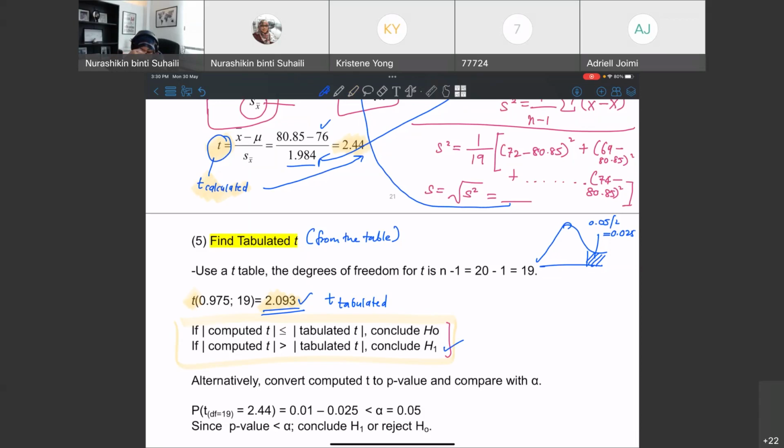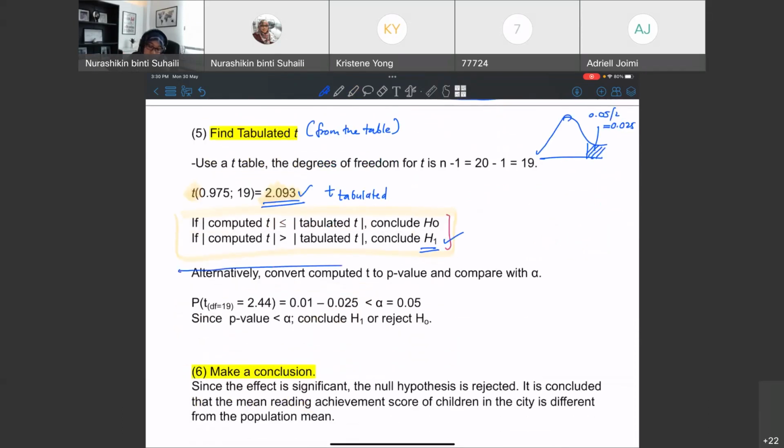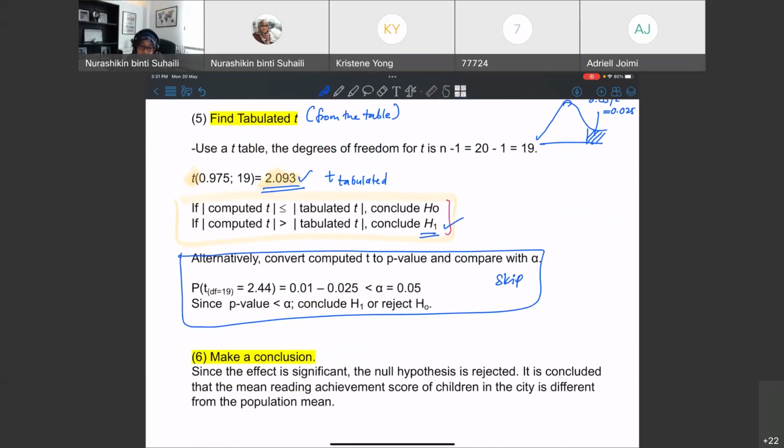Right. So you have to conclude H1, or the alternative hypothesis. Okay, so again, this one is the alternative method. Don't do that if you refer to the first one. So this is just skip. Yeah. So write in your notes. I don't write it directly in the notes, but you just jot down.